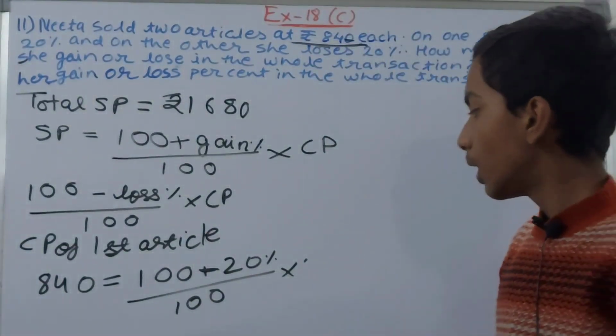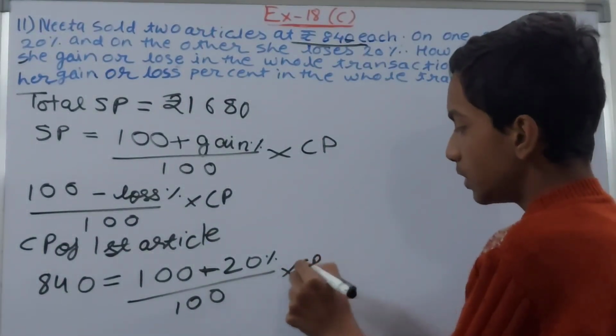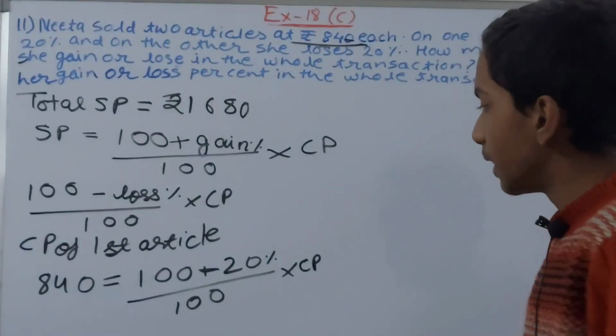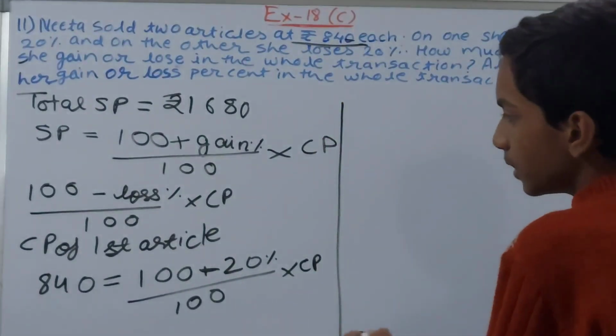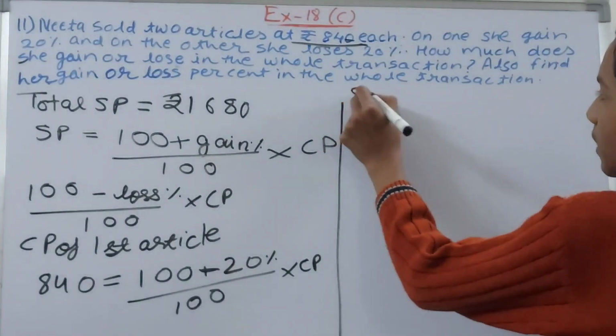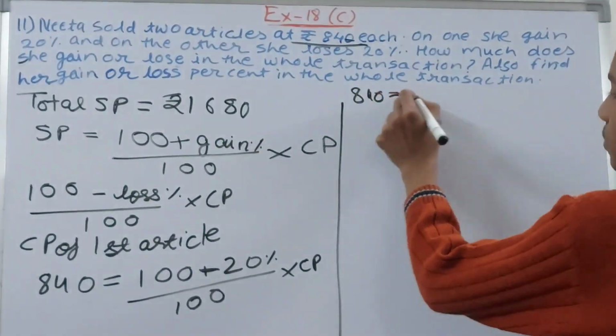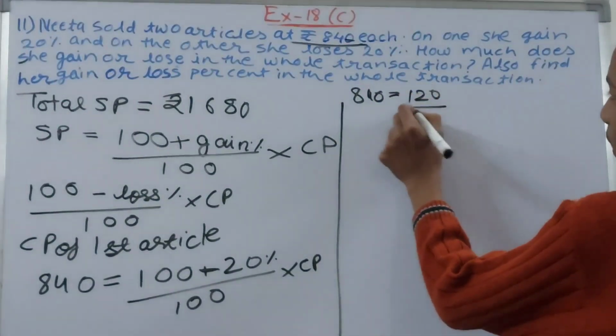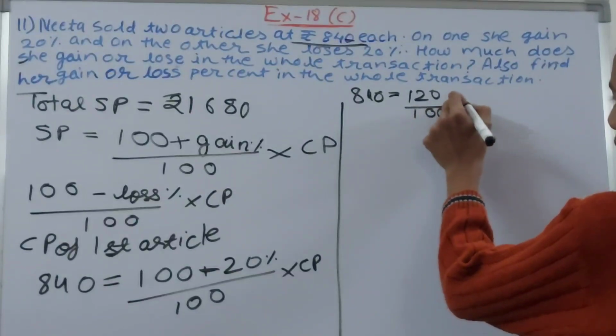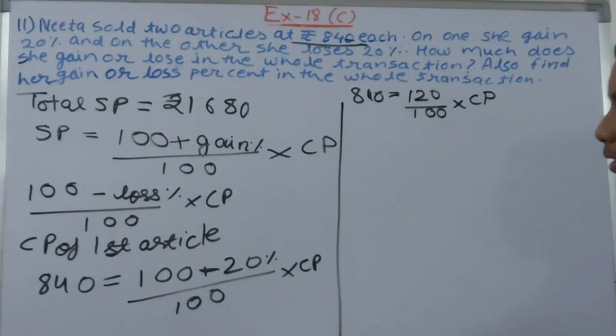So we can keep it like this, and what do we get afterwards? This becomes 840 equals 120 upon 100 into the cost price.